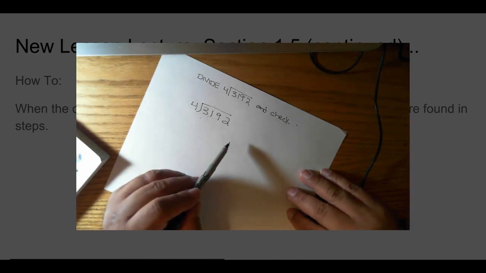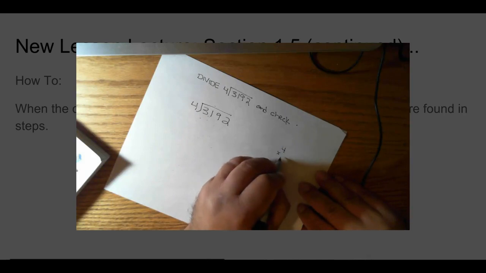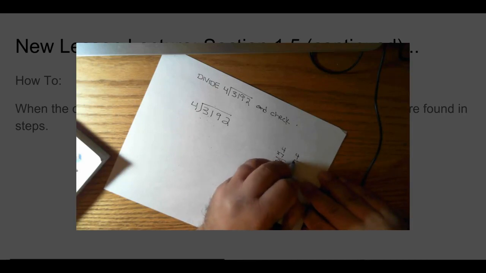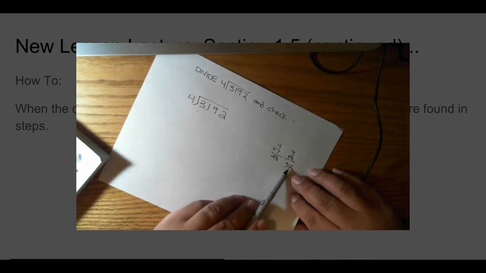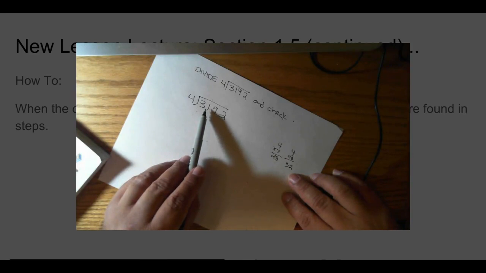And we discovered that 4 times 7 is 28, and that 4 times 8 was 32. Okay, so we can't use the 32 because that's greater than the 31, right?